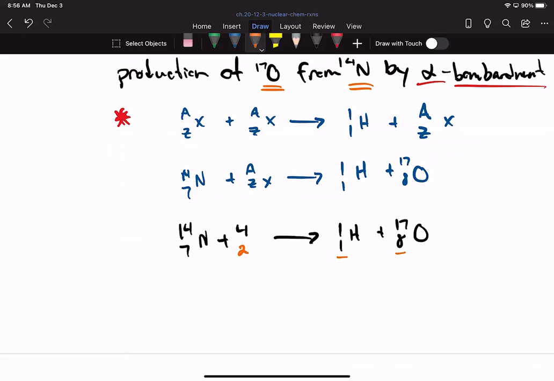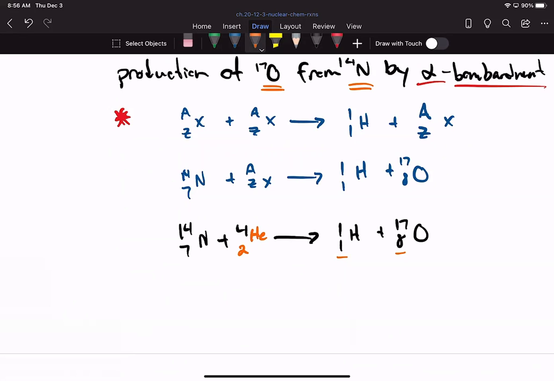And what is the element with an atomic number of 2? Helium.